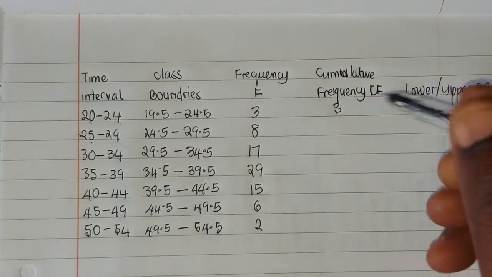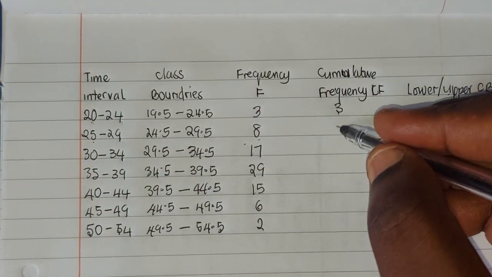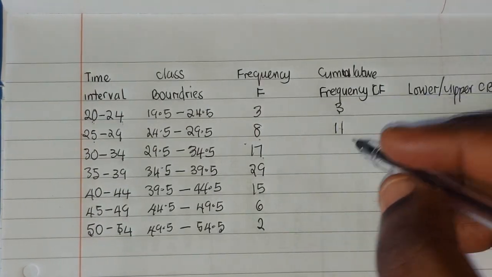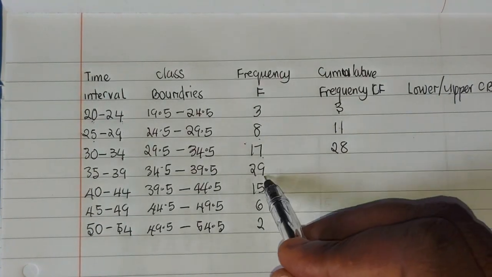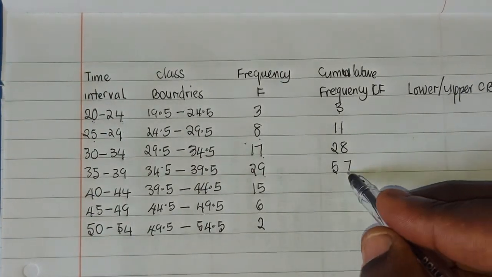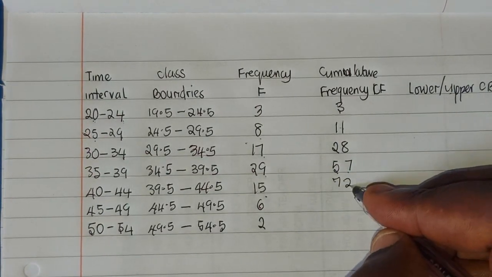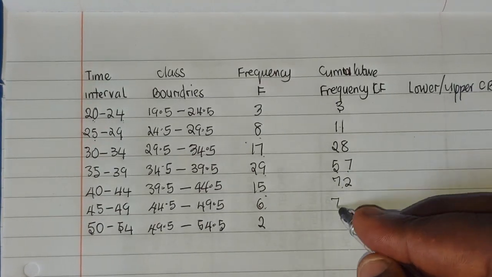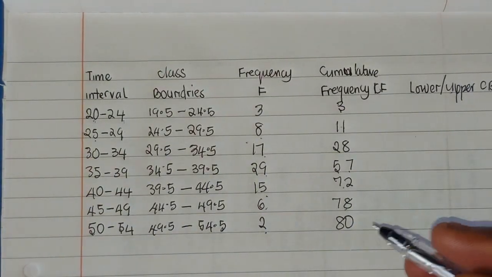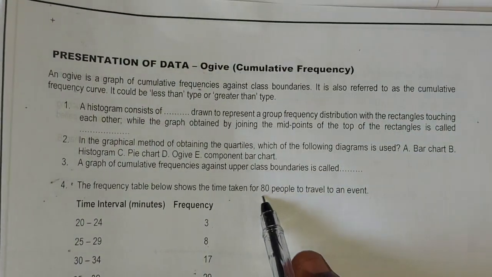We start with 3, then you add 8. 3 plus 8 gives 11. 11 plus 17 gives 28. 28 plus 29 is 57. 57 plus 15 gives 72. 72 plus 6 gives 78. 78 plus 2 gives 80. Don't forget, your last cumulative for this data must be 80, because we have 80 people.